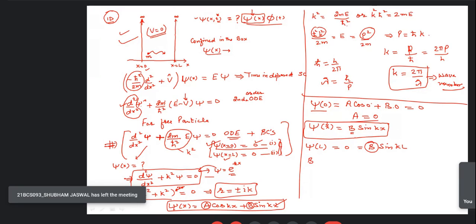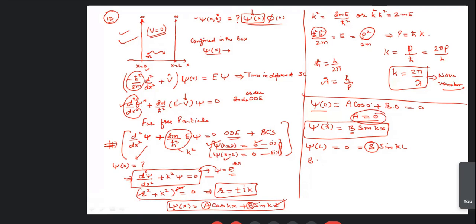We do not put this because already a is 0. If I put b also equals 0, that means I am getting no solution, or I am getting a trivial solution. I am looking for non-trivial, meaningful solutions. Then wave function psi will be 0 for all x values. The particle is nowhere. So we can say that b is not equal to 0.